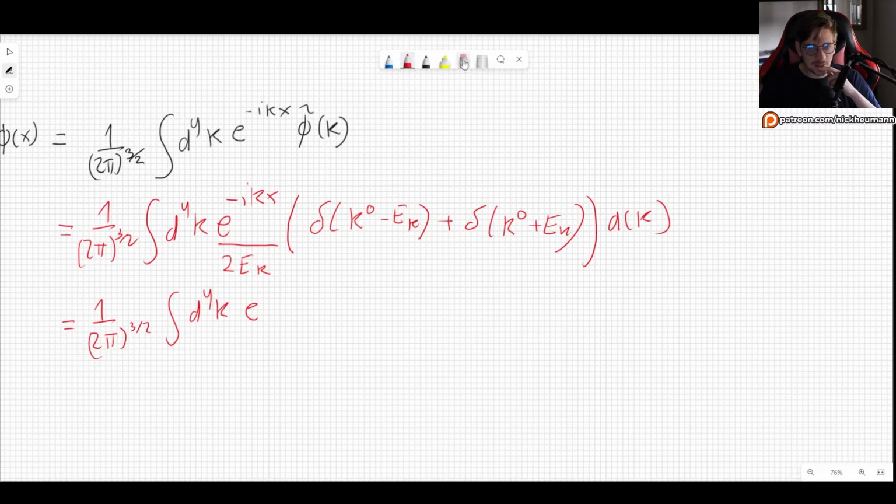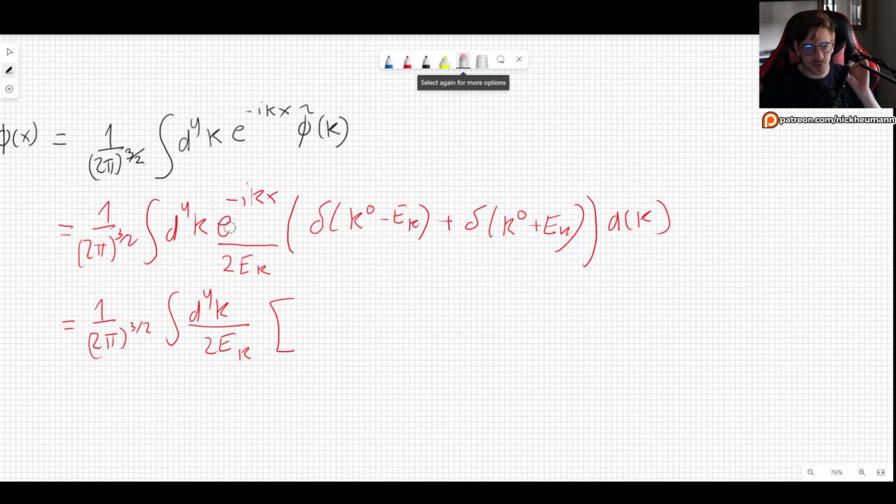Now let's multiply through by all of this, so 2 E_k, and then we have first e to the minus i k x. So let's separate this and write it as e to the minus i k0 x0 plus i k vector dot x vector. Okay, so we just separated it.